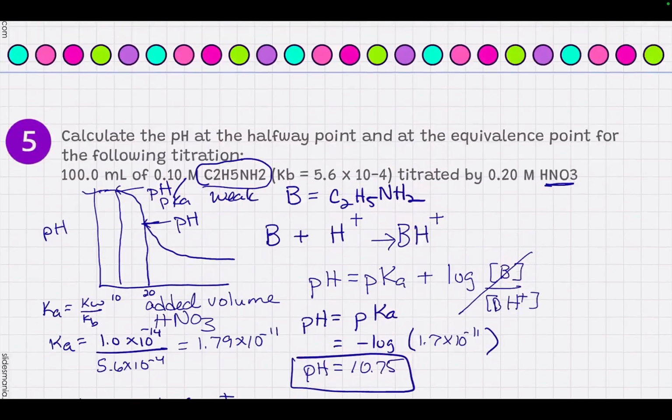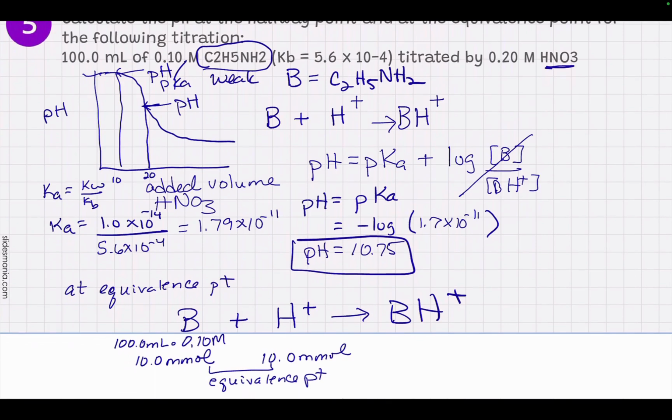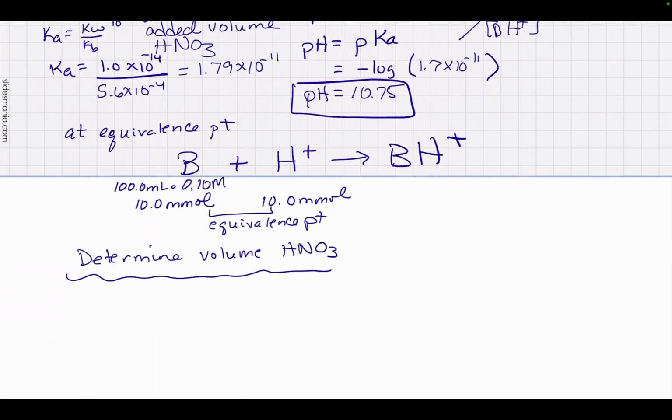The problem in this question is that I know the molarity, but I don't know how much of the acid I've used. So I'm going to determine the volume of the nitric acid, and I'm going to do that by plugging into the molarity equation. I'm going to do millimoles.